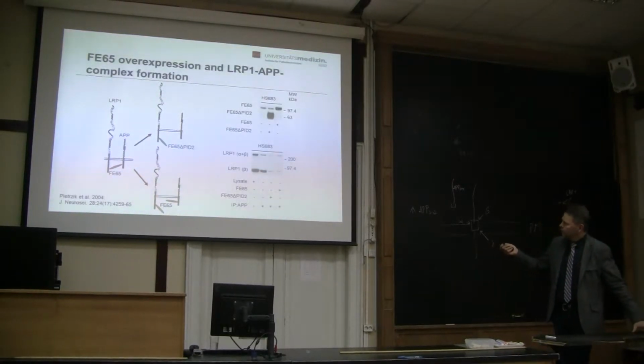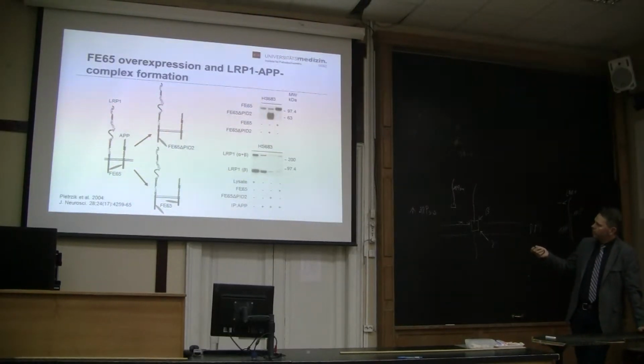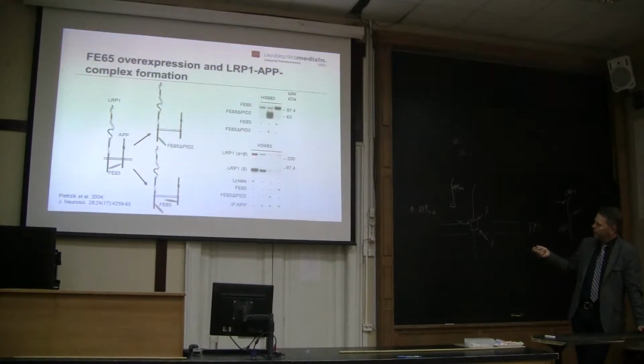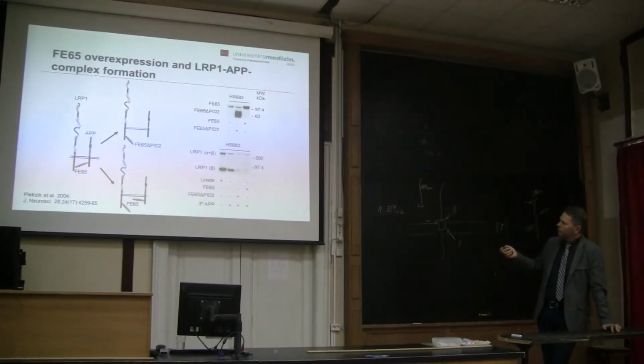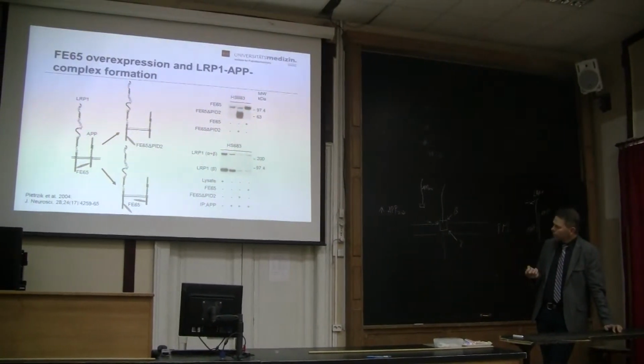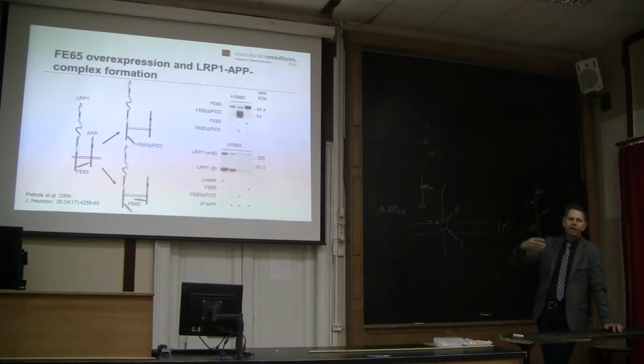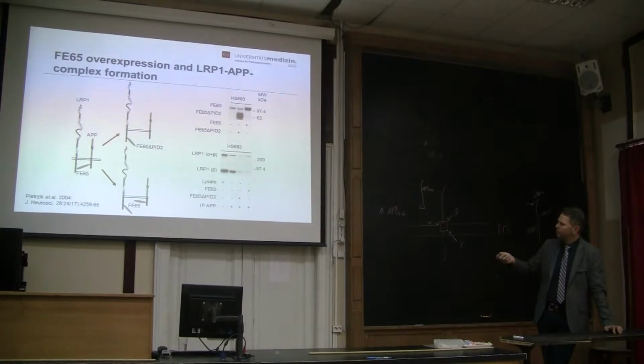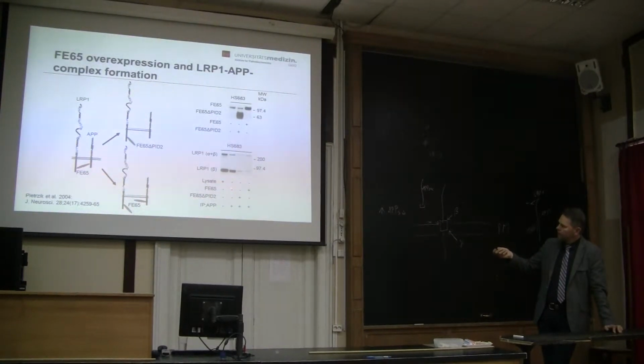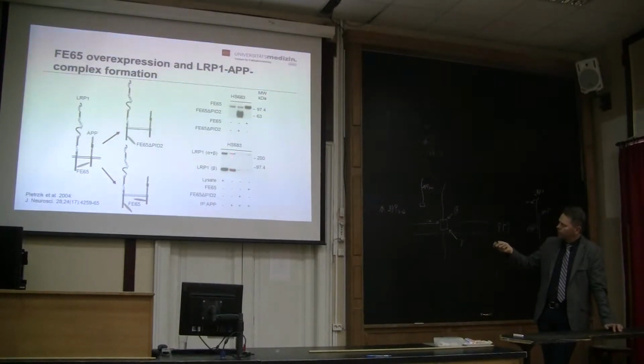So this is what we did. We used the neuronal cell line, which expressed LRP here and here, and we immunoprecipitated for APP, and then came back with an LRP antibody. When we express no Fe65, or not the truncated form, you get a certain amount of LRP down, here and here.